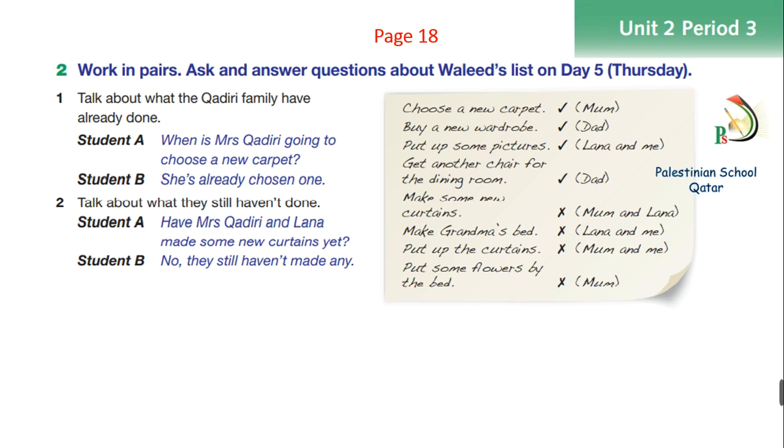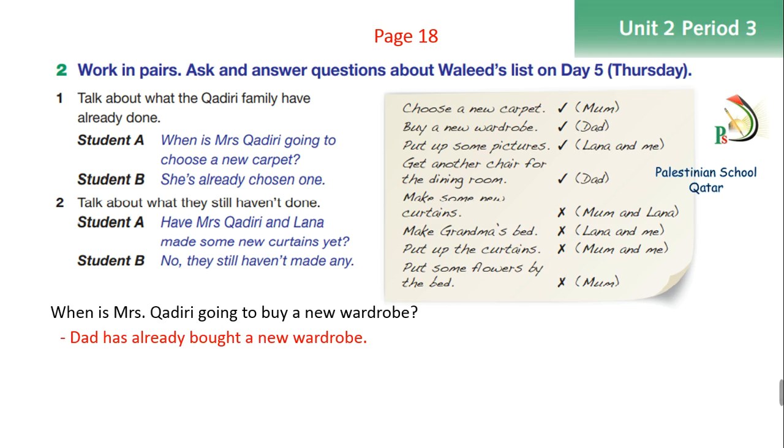So the question: when is Mrs. Qadri going to choose a new carpet? The answer is she's already chosen one. Number 2, buy a new wardrobe. When is Mr. Qadri going to buy a new wardrobe? Dad has already bought a new wardrobe.